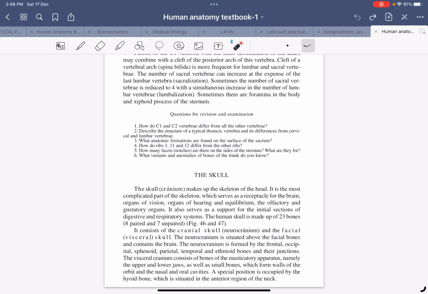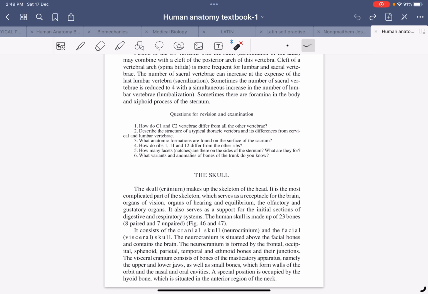It also helps in maintaining our posture and equilibrium, and it supports the olfactory and gustatory organs. It also serves as support for the initial section of the digestive and respiratory systems.